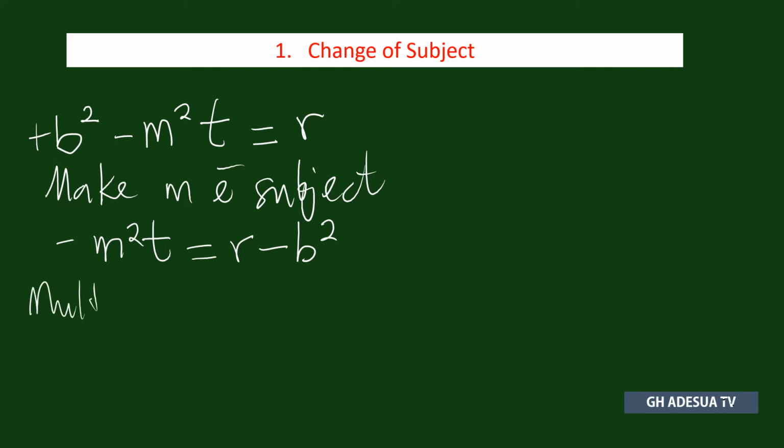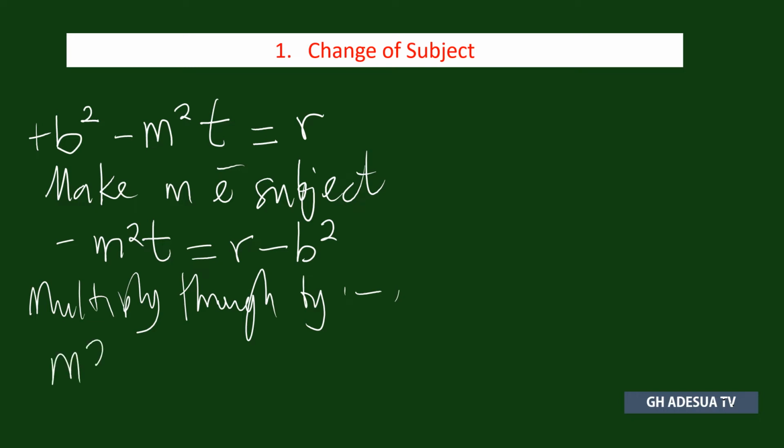So it will become m squared t is equal to minus r plus b squared, because the negative is making every negative positive, and it's making every positive negative. So m squared t is equal to negative times r becomes negative r. Then negative times this negative will make it positive b squared.